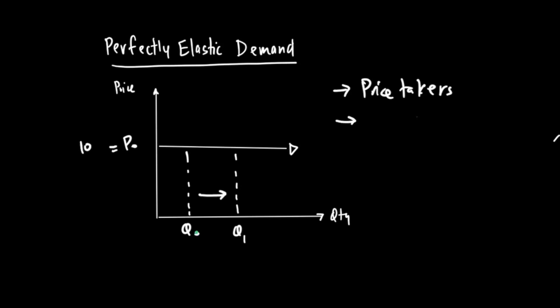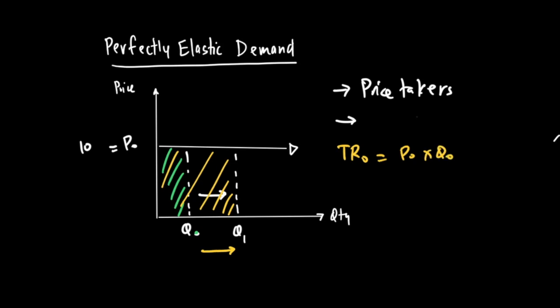If I'm selling only Q naught units, my total revenue will be this much. But what if I increase my quantity to Q1? My total revenue will be now P naught times Q1. So let me write this: total revenue TR naught would be P naught times Q naught, which is going to be this region, which is lower. But when the quantity goes up, I sell more.